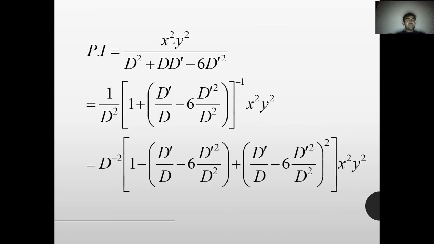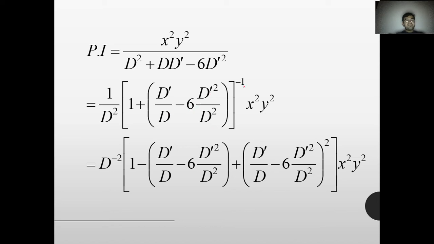Now to find particular integral, f of x upon f of d, d dash. Now d square common, 1 upon d square and 1 plus d dash upon d minus 6 d dash square upon d square, raised to minus 1, into x square into y square.